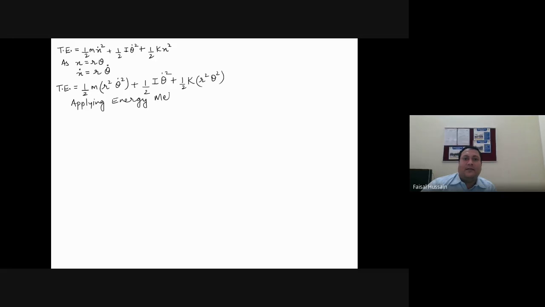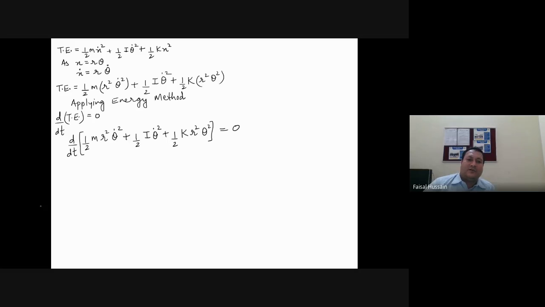Applying the energy method, d by dt of the total energy is equal to what? 0, constant. So now let us differentiate: d by dt of half m r square theta dot square plus half I theta dot square plus half k r square theta square, which is equal to 0.